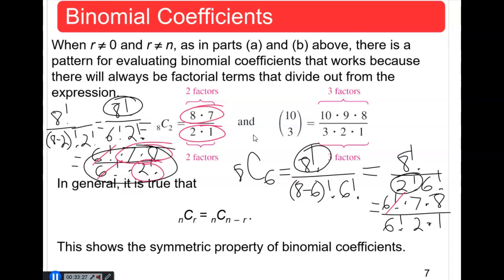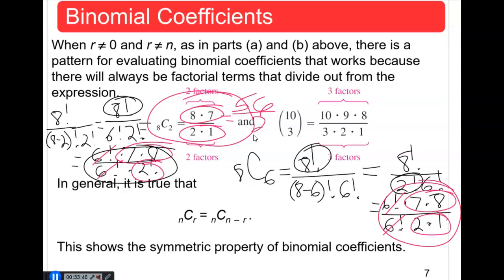So we have again 6 factorial over 6 factorial, and we have 7 times 8 on the numerator, 2 times 1 for the denominator. So that could show you that symmetric property, because for both of those, the answer will be 56 divided by 2, which is 28.